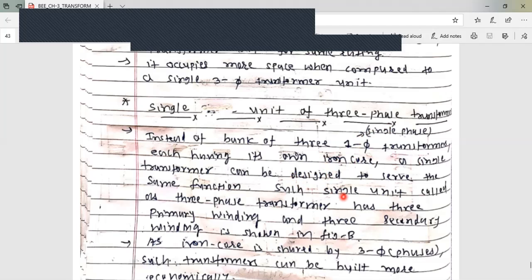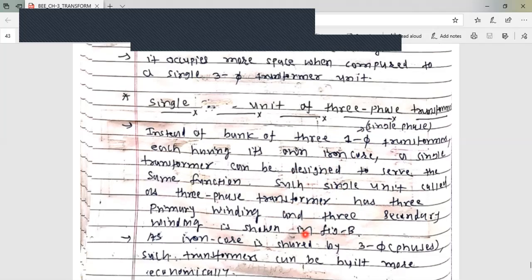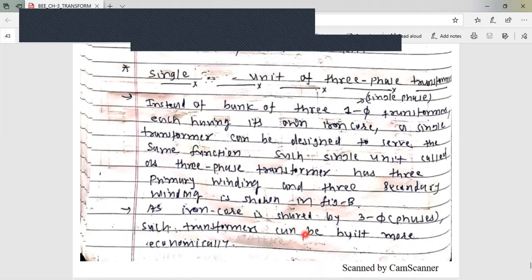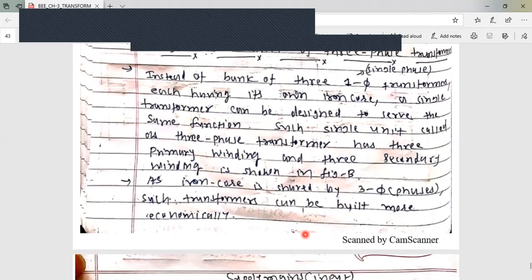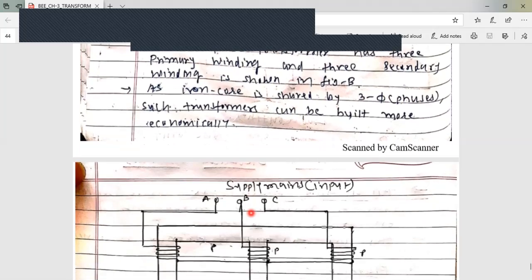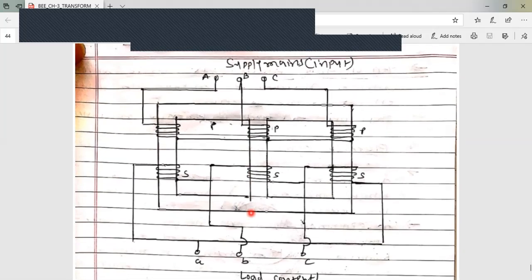Such a single unit is known as a three-phase transformer. It has three primary windings and three secondary windings, but the core is shared. So as iron core is saved by three phases, such a transformer can be built more economically. See here in the figure, this is a single unit three-phase transformer.